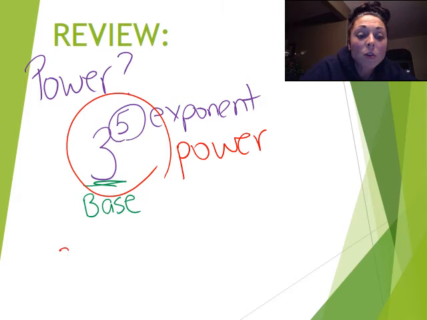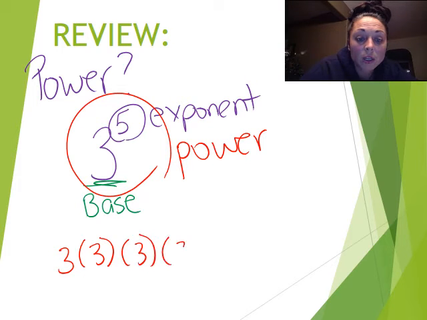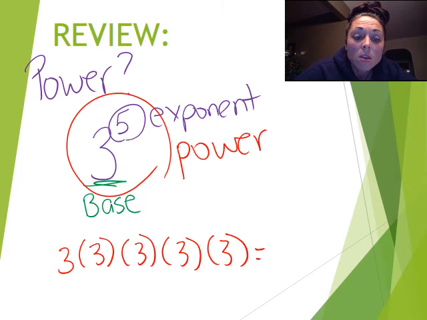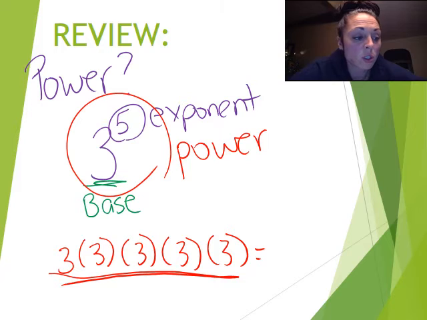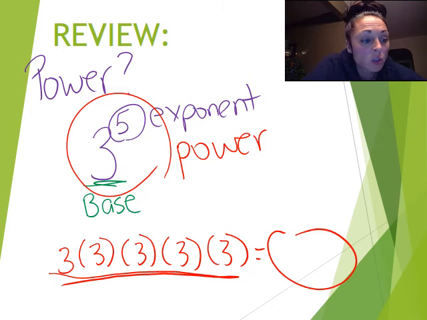And that means 3 times 3 times 3 times 3 times 3. This is called expanded form, which is also another word for repeated multiplication.